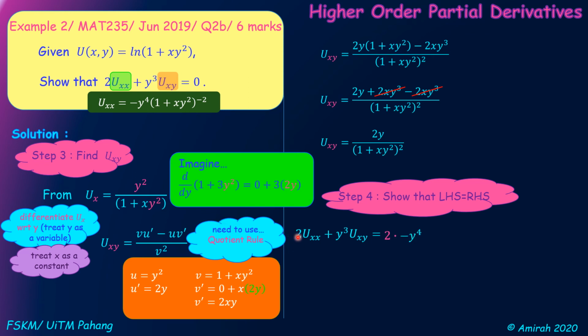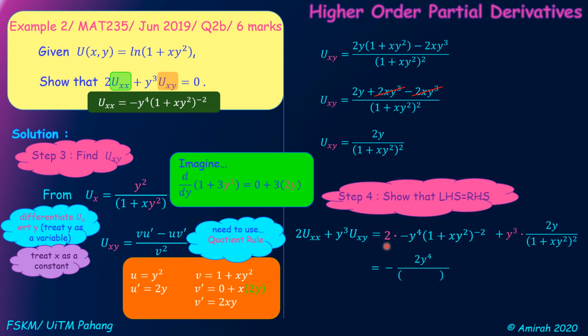When we substitute, we have 2 times uxx, so we replace uxx by negative y to the power of 4 times 1 plus xy squared, bracket to the power of negative 2, and then plus y cubed times uxy, where we replace uxy by 2y over 1 plus xy squared, bracket squared.